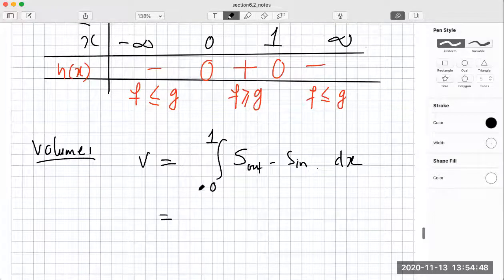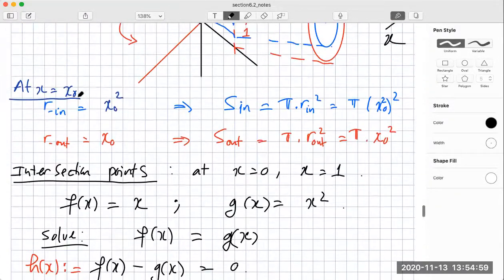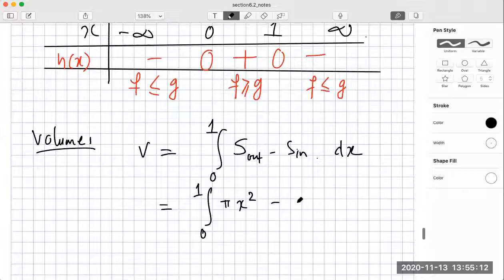And according to the previous result, the outer one will be pi. So now, for x naught, if it is a variable, we just remove the naught, and the outer will be pi x squared, minus pi times x squared squared again, dx.